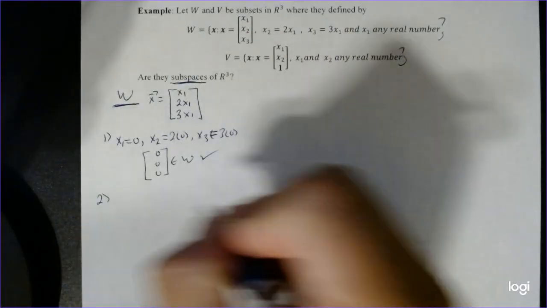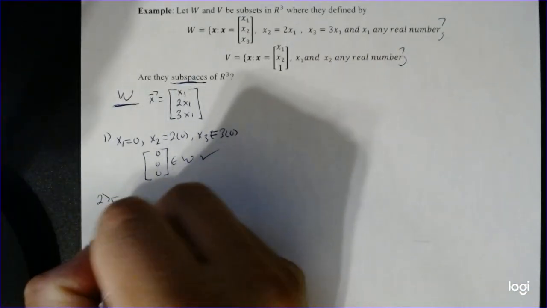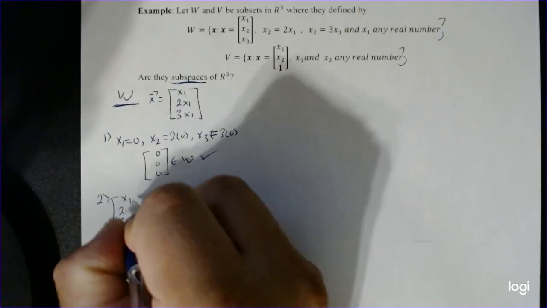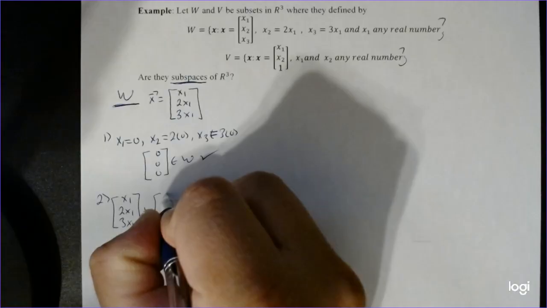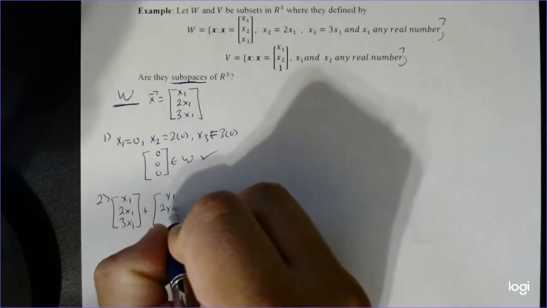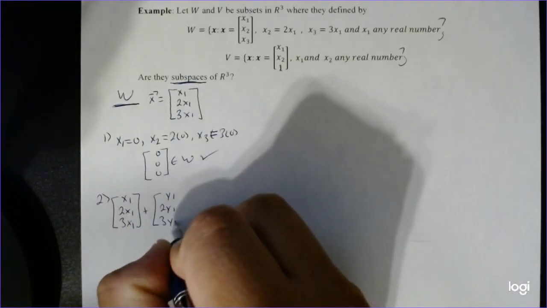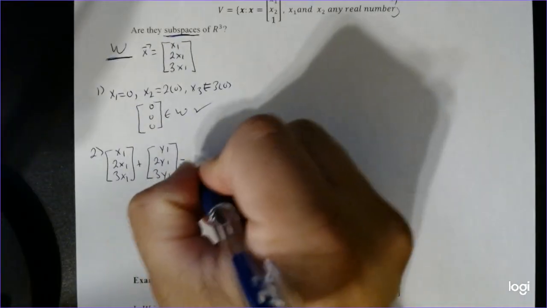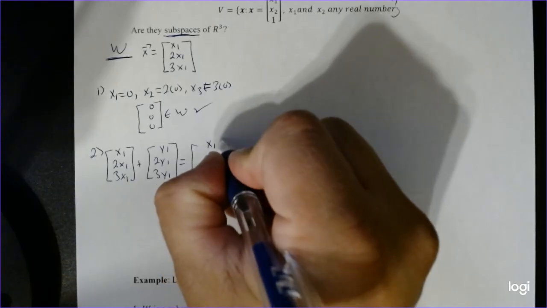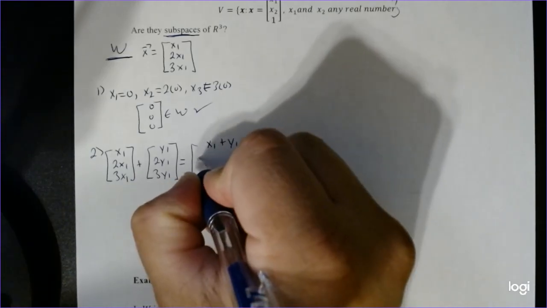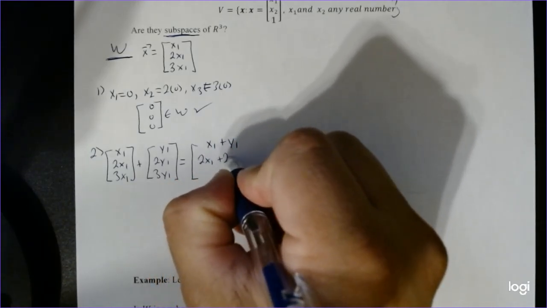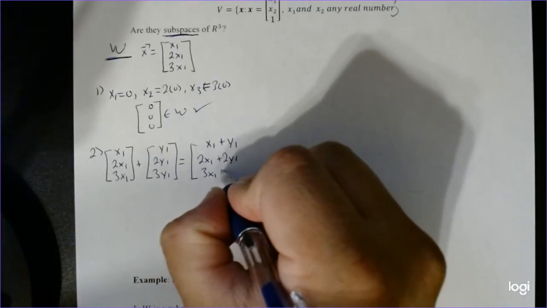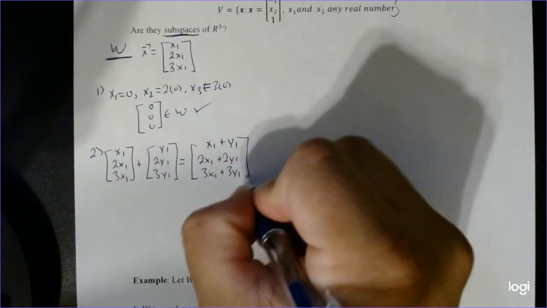Okay, step 2. Now vector addition. So again, picking two arbitrary vectors. Adding these together gives me that.